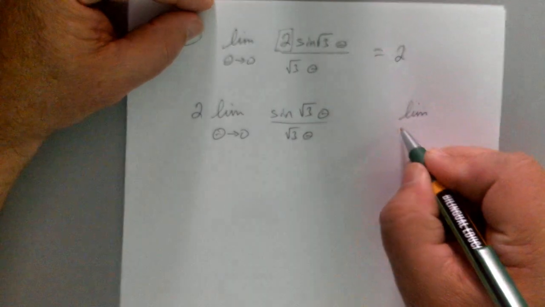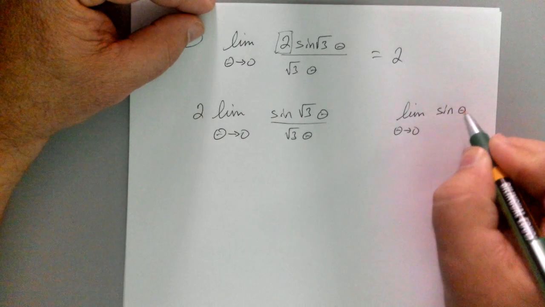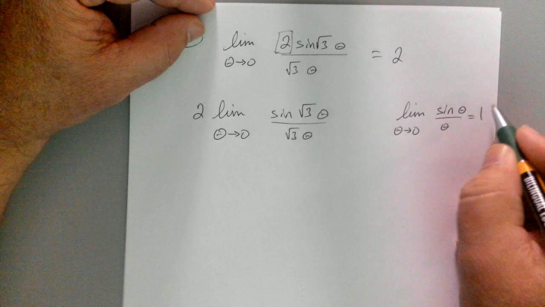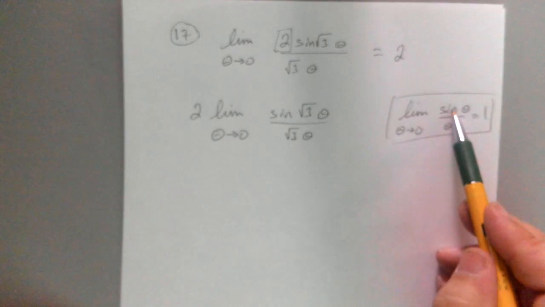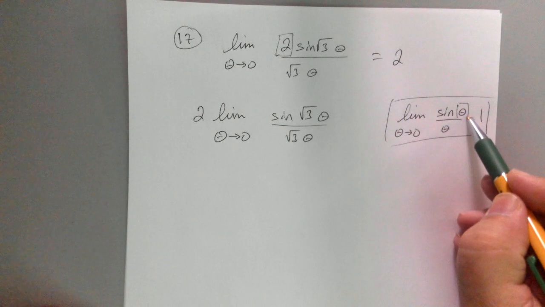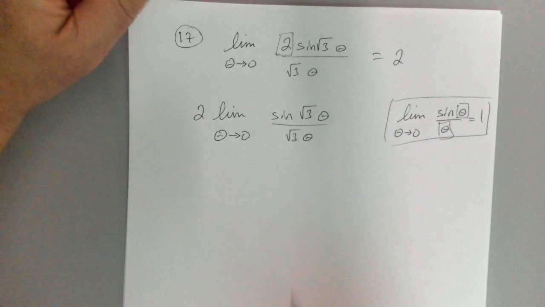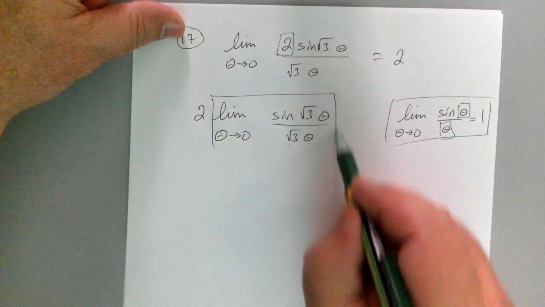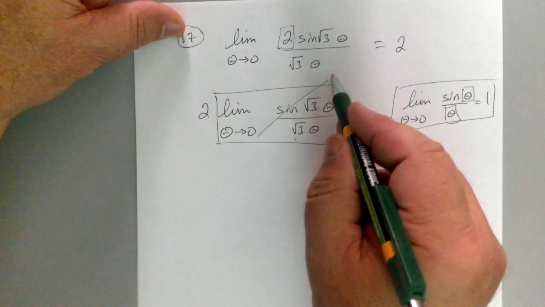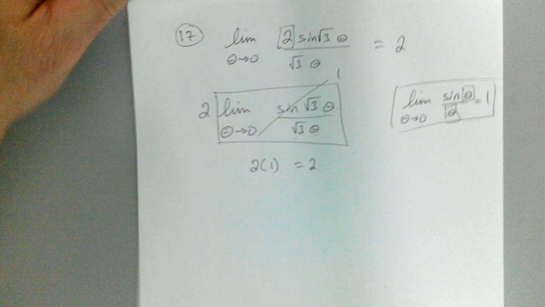Because we have already proven this many times, the sine of whatever, as long as these are the same, it'll equal 1 as theta goes to 0. So sine radical 3 theta over radical 3 theta goes to 1. 2 times 1 equals 2. That's it.